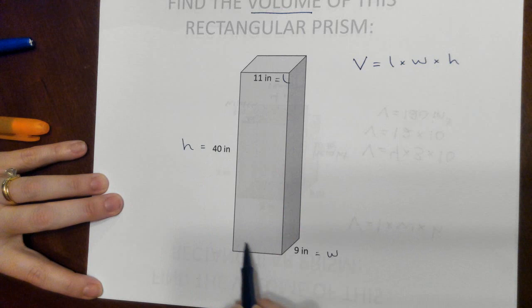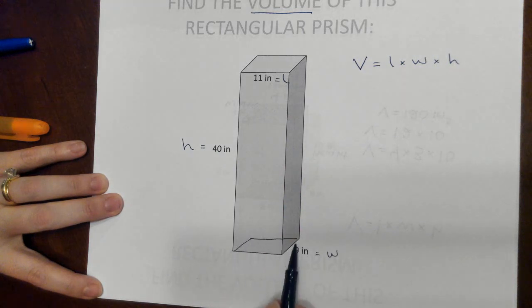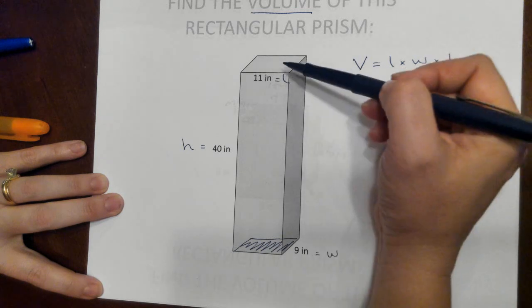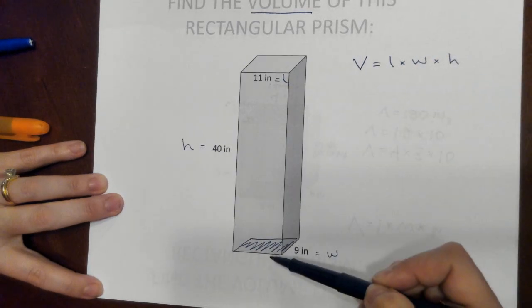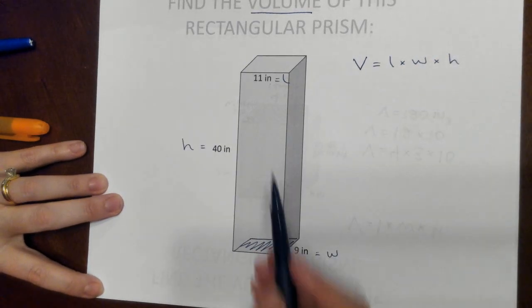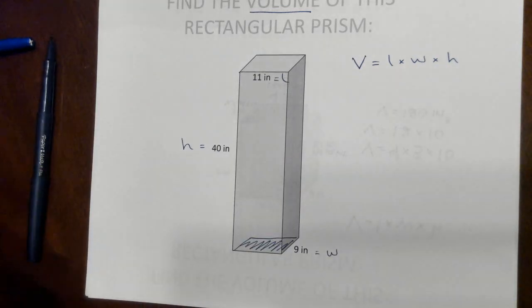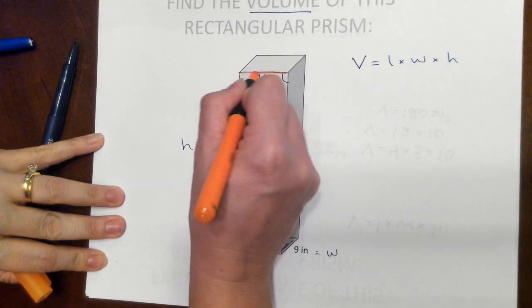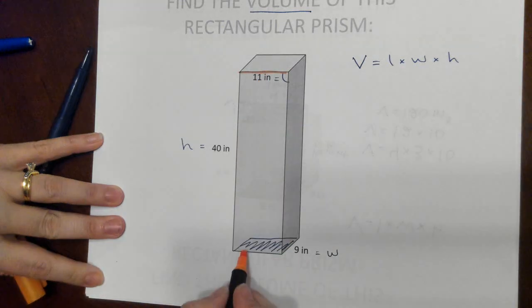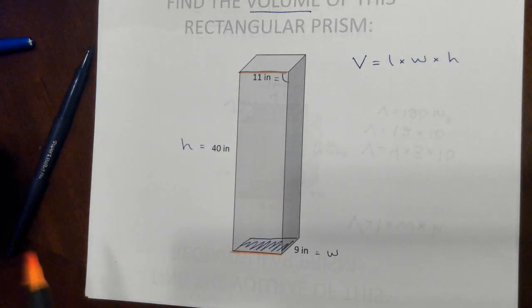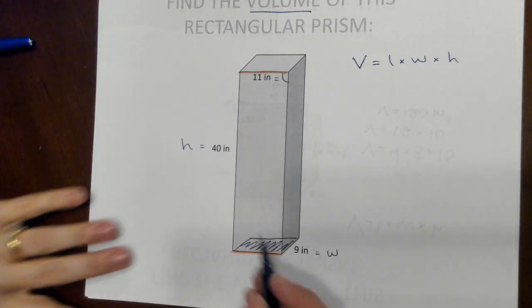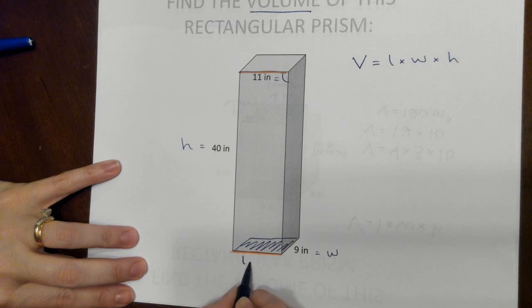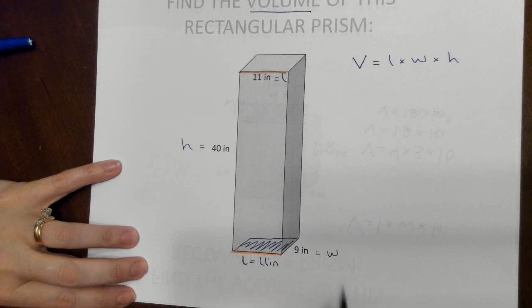And again, we want the area of the base. And we know the top and the bottom are the same. So if this side is 11, we know this side is 11. So the length is 11 inches.